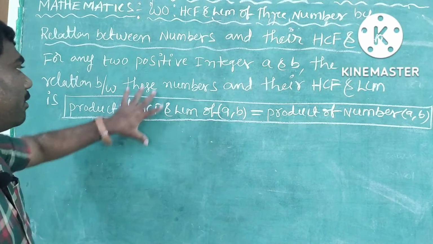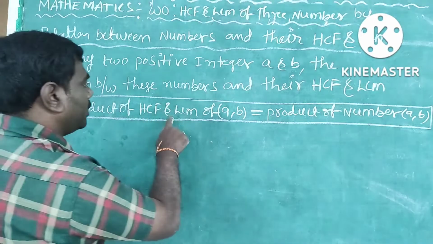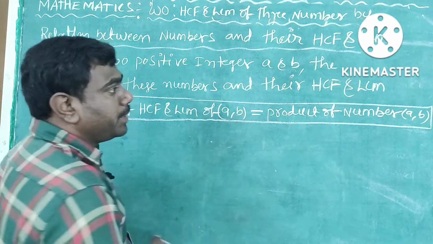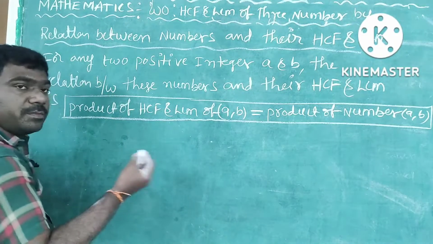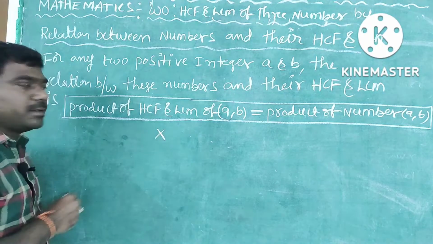So this is how we can simplify. Product of HCF and LCM of A, B is equal to product of numbers A, B. Product means multiplication.